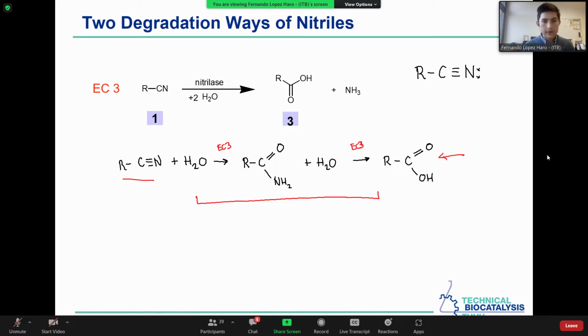Someone was asking, will it affect the equilibrium if we have an overpressure of the system?